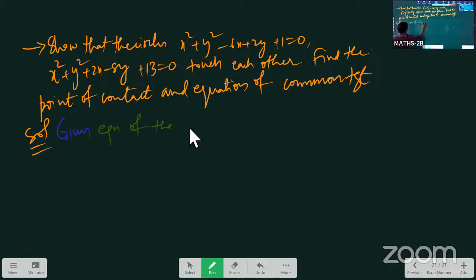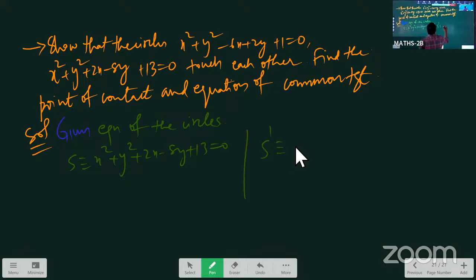What is that given equation of the circle? Circles. First, I will take it as minus 8y, and next S dash. Okay.